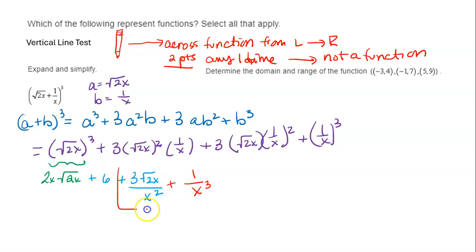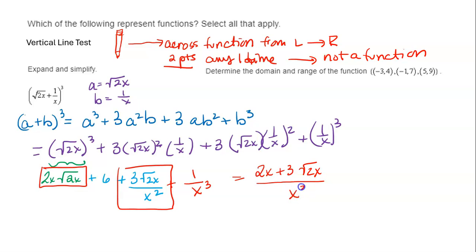I'm going to put this one close to this one so I can factor out that square root of 2x. So I have 2x plus 3 times the square root of 2, over x squared, plus 6 plus 1 over x cubed. Okay, I think we're good, and I think that's the answer.